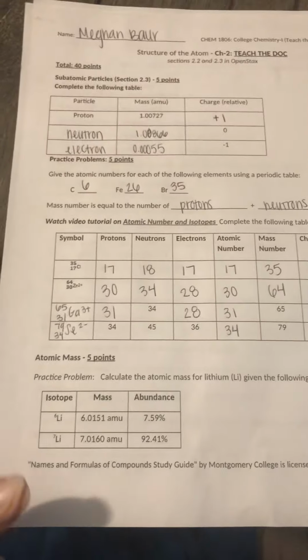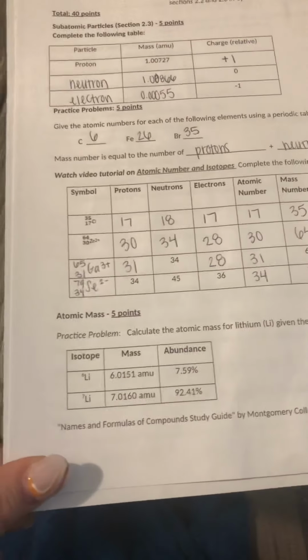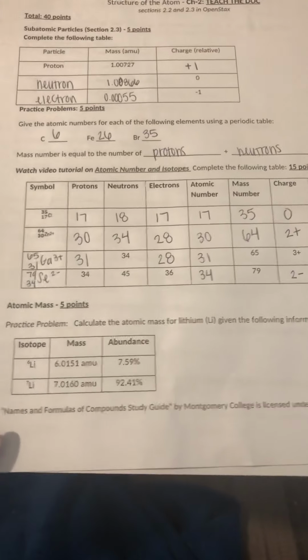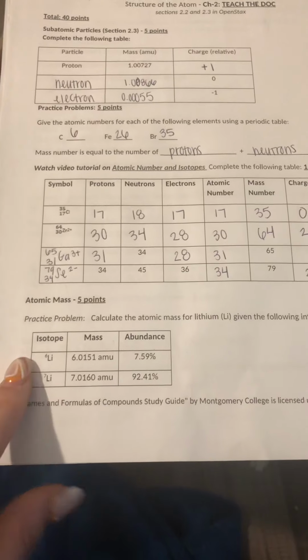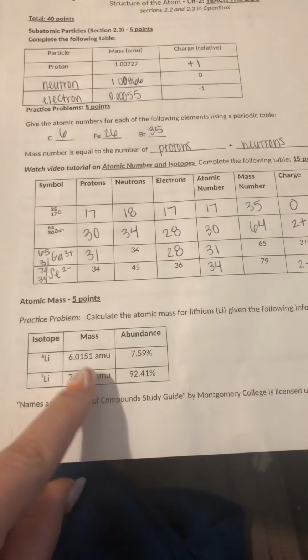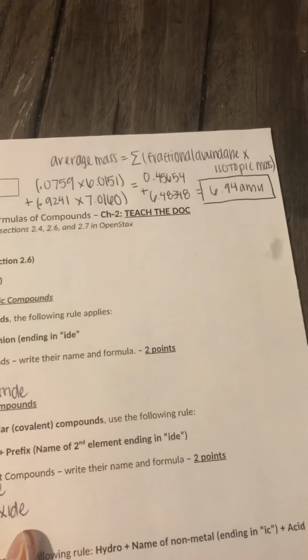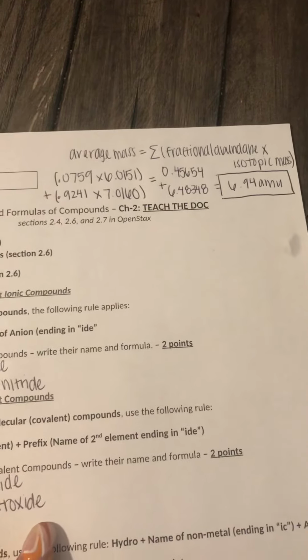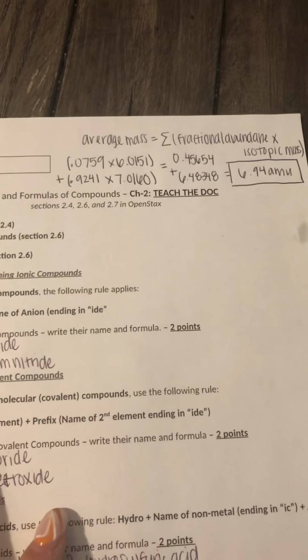This next one I might have to flip to the next page in the meantime. But it was the atomic mass for lithium. So we were given the isotopes and the abundance of those, as well as the mass. So the average mass is the sum of the fractional abundance times the isotopic mass.